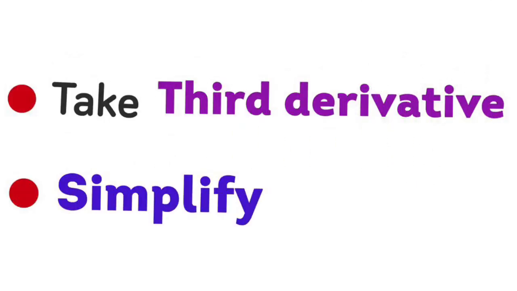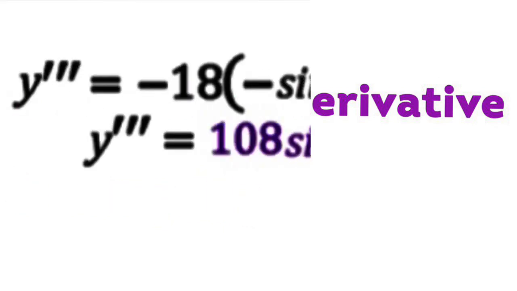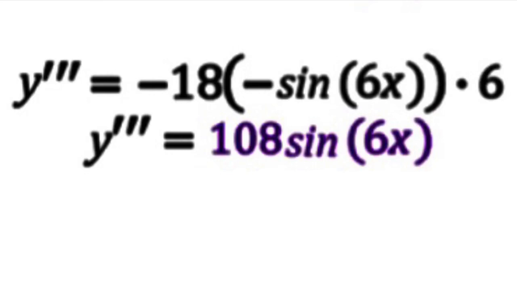Now we are going to find the third derivative. So again we are going to use two steps. First, take the third derivative, and second one is simplify. So let's differentiate it.